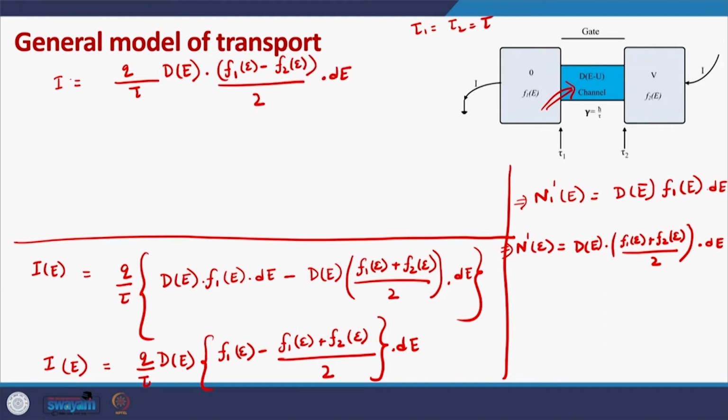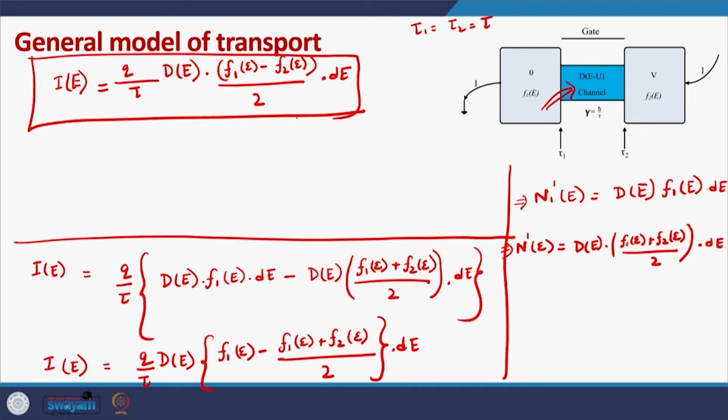This is the current due to electrons in the energy range from E to E plus dE.